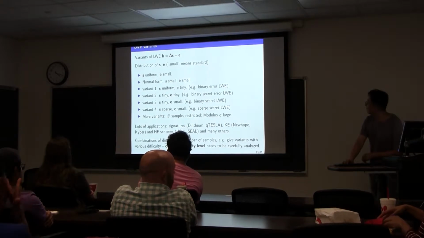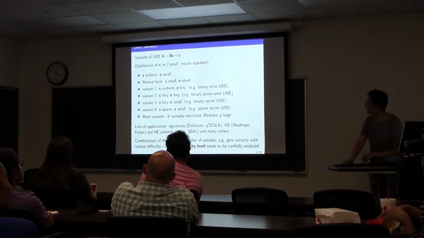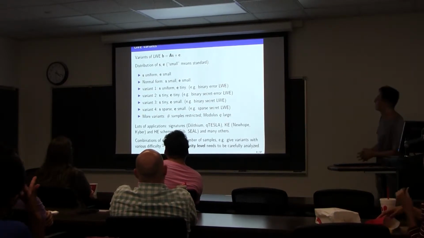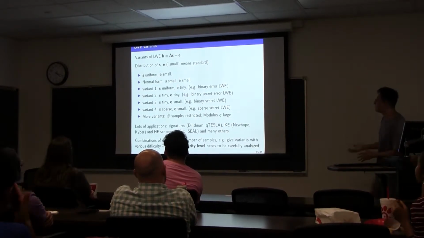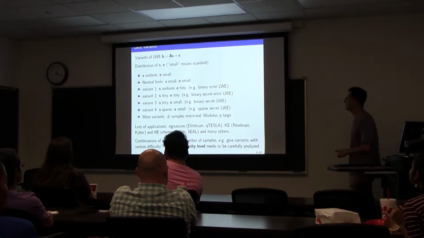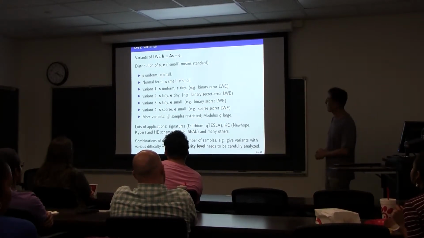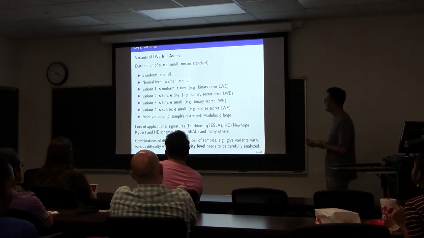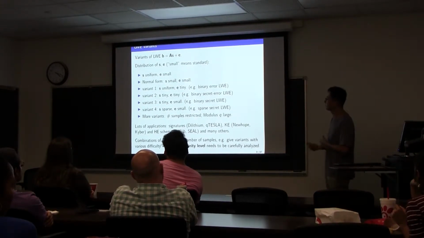Okay, I'll give some variants of LWE. That was the title of my talk, because the LWE problem, when used in cryptography, has different variants, and these variants determine their difficulty. So not all the variants are equivalent. Sometimes they are easy, while some versions are harder.